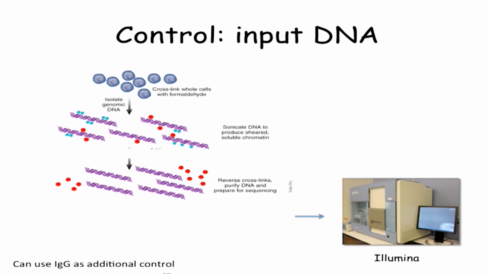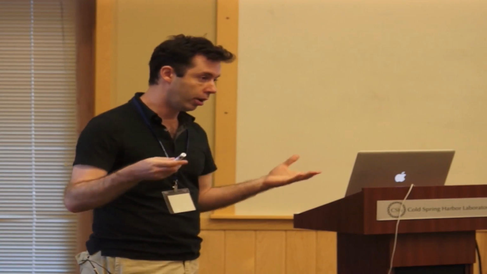In fact, there are people using this sonication bias to locate regions of the genome where the DNA is open. There's a technique called sono-seq, which uses sonication plus sequencing to identify regions of the genome where the DNA is open, and that allows you to identify regions like promoters and regulatory regions, where the DNA is usually open.